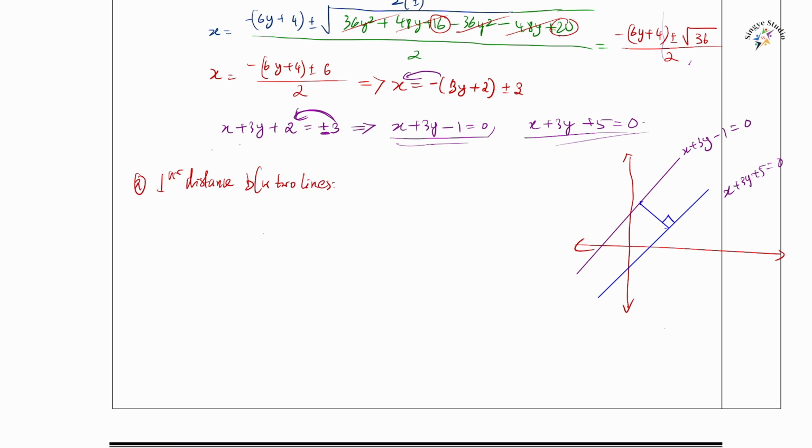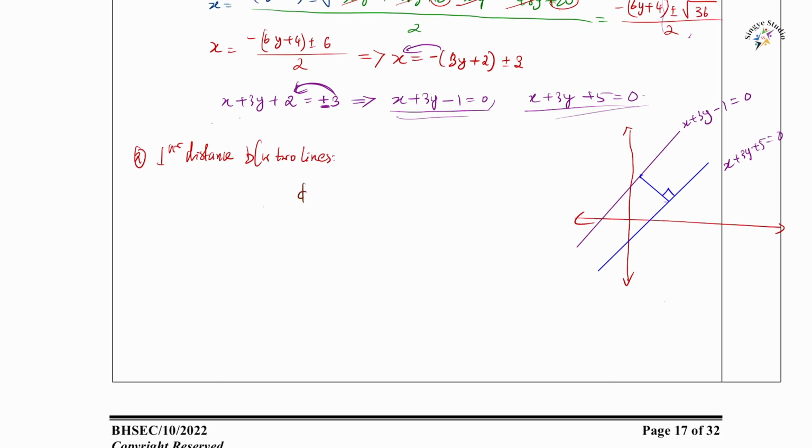So from the formula, distance equals the modulus of the constant of the first equation minus the constant of the second equation, divided by the root of a squared plus b squared, which are the same here and here, right? Our a value is 1 and our b value is 3, here also a is 1 and b is 3. Actually, they are the direction ratios, which you will learn about in planes and other topics.